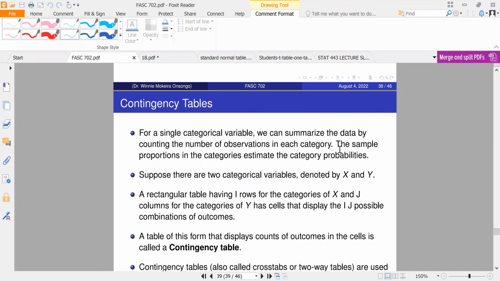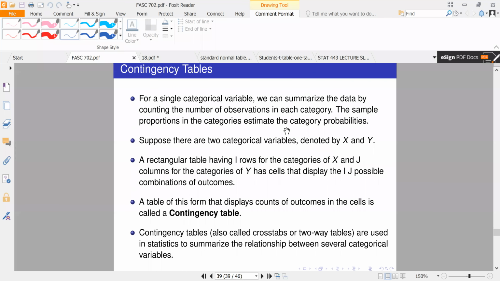The only way you can analyze this data is to create a table. And in that table, you have a number of rows for one category and a number of columns for the other category. So for instance, if you have two categorical variables, X and Y, your contingency table will have I rows for the X variable, and it will have J columns for the Y variable.